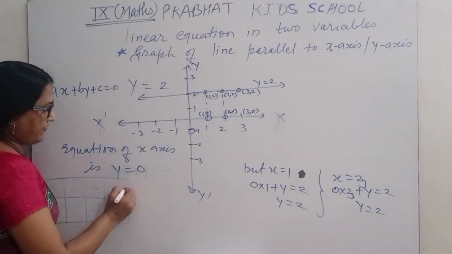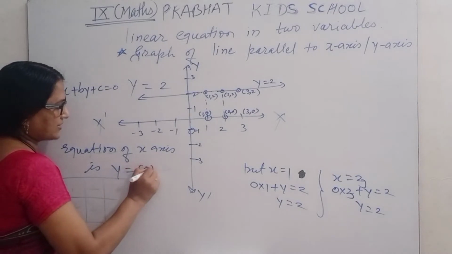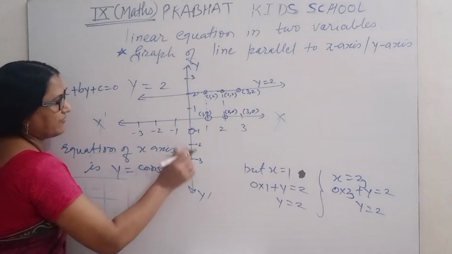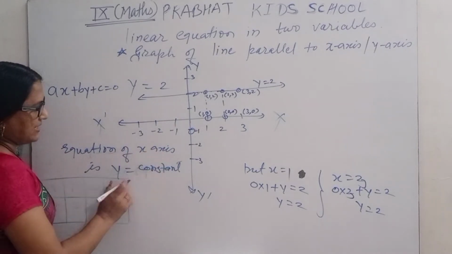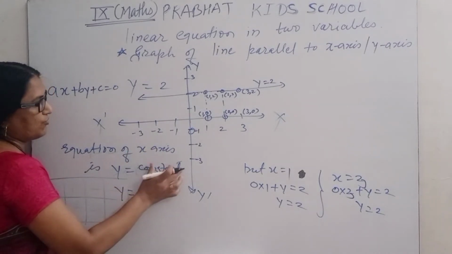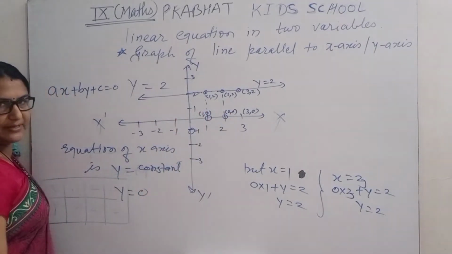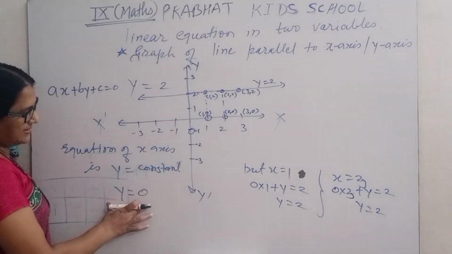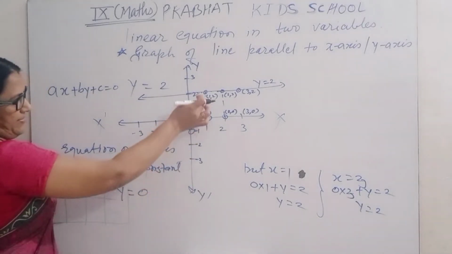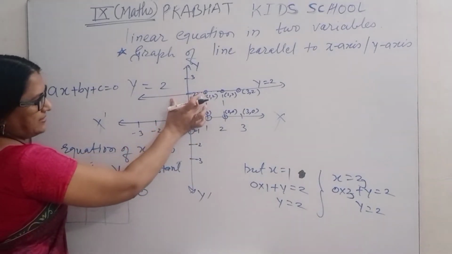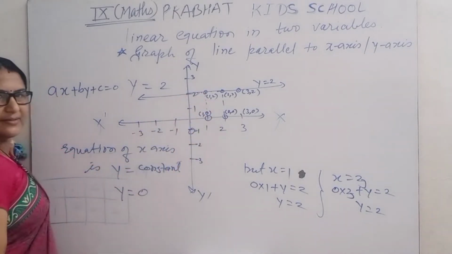For every point y is constant, which means every time y is 0. That is why the equation of the x-axis is y is equal to, what is constant here? 0 is constant. Isn't it? Similarly, this line is parallel to the x-axis.